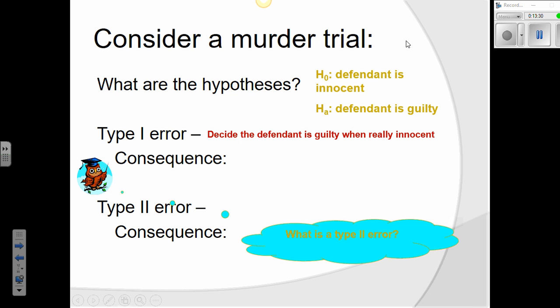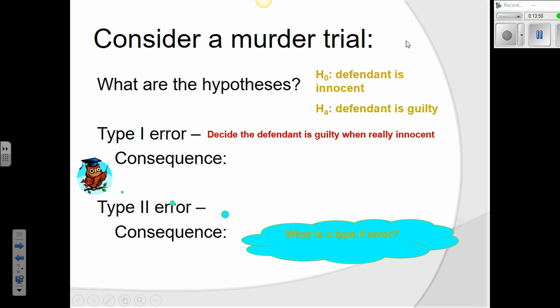Henry alluded to what the type 2 error is, right? This is failing to reject H0 when H0 is false. You literally look at the statement, and you look at that statement, H0 is false. This is not a true statement. The defendant is not innocent, but you said they were.